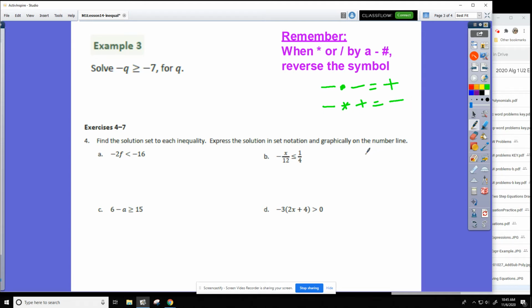And what that does on a number line is reverse directions. So your answers are reversed whenever you multiply or divide. This is the same with division. So whenever you multiply or divide by a negative, you have to reverse your symbol. And you could always check your answers.